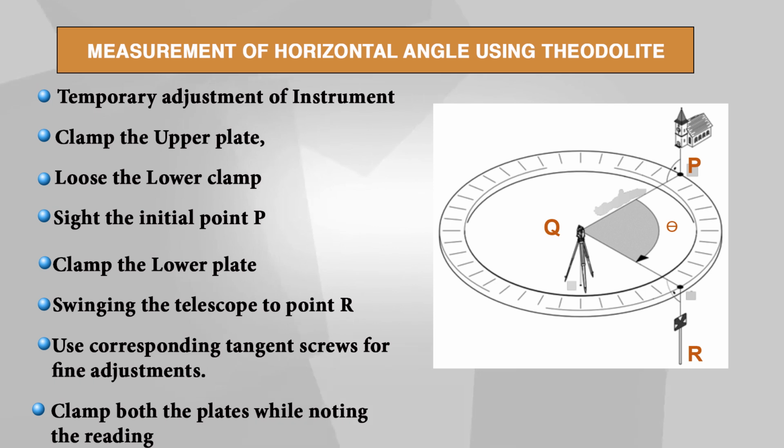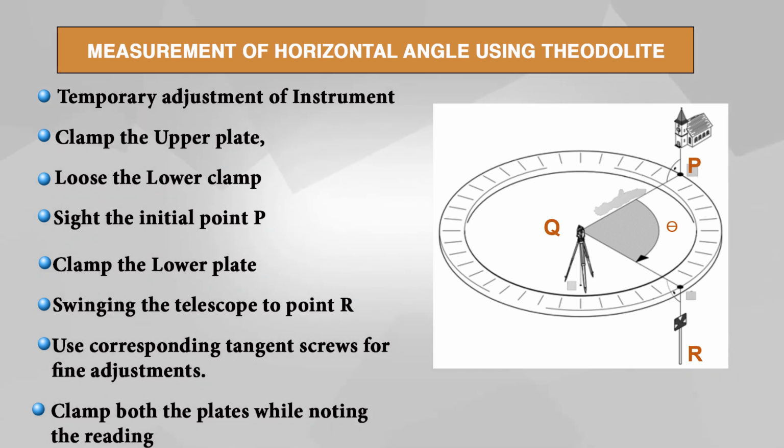Just a quick recap of the procedure: clamp the upper plate, and the lower clamp can be loosened to sight point P. When any plate is locked and you want to move it slightly, use the corresponding tangent screw, and while noting the reading, it is good practice to clamp both plates.